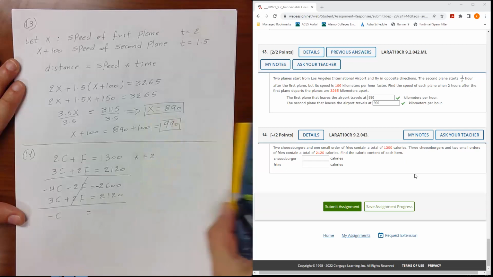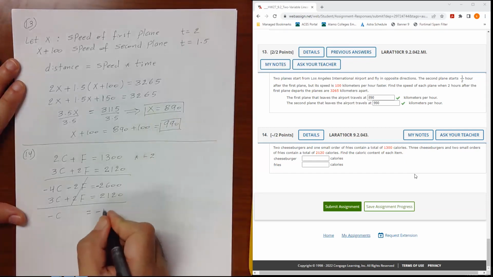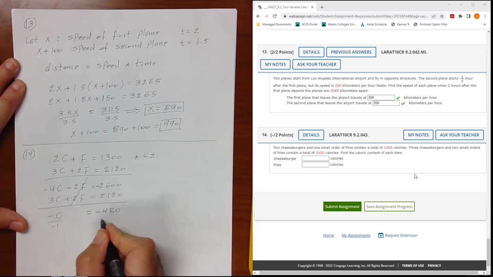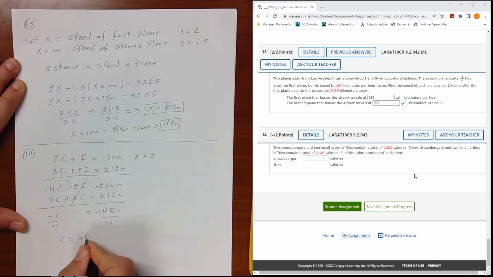So it's going to be negative 480. Then divide both sides by negative 1. That means a cheeseburger contains 480 calories.